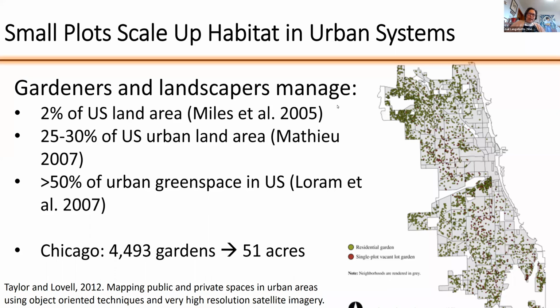Researchers counted 4,493 very small gardens across the entirety of the city of Chicago. Individually very small, but collectively added up to 51 acres, so quite a large space. And agroecological systems in urban areas oftentimes represent the majority of the green space in an urban and suburban landscape.